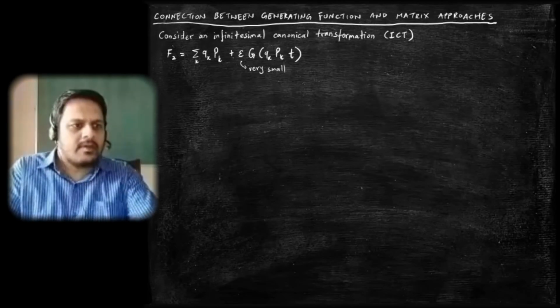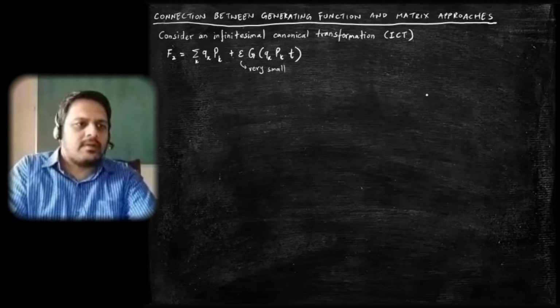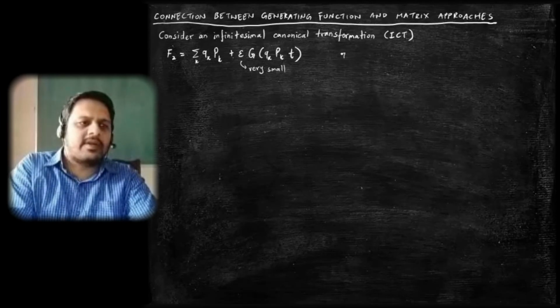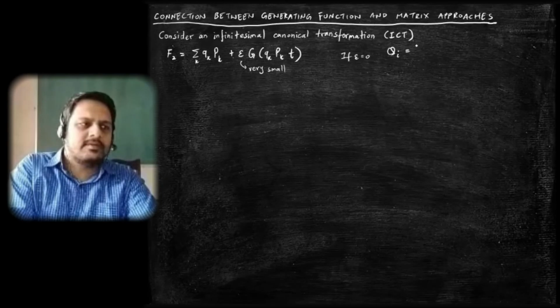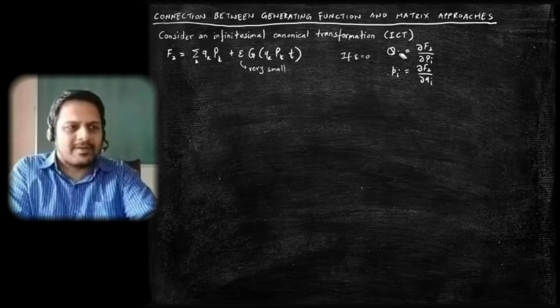Now just try to see what happens when epsilon is equal to 0. You can look up the formulas. Basically, Qi is daba F2 by daba Pi, and Pi is, let me write K, why use I and confuse ourselves with dots?